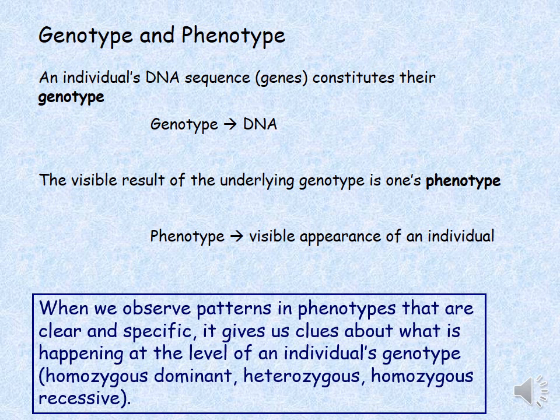But if you have purple petals on your flower, I don't know if you're homozygous dominant or heterozygous, because both of those genotypes are going to be a purple phenotype. So again, homozygous dominant, homozygous recessive, and heterozygous are terms that can be used for genotype because we're talking about the actual alleles that are present.